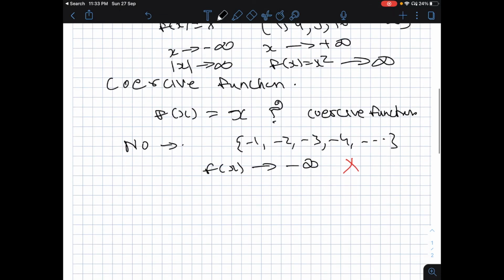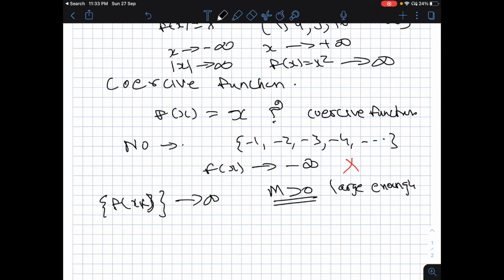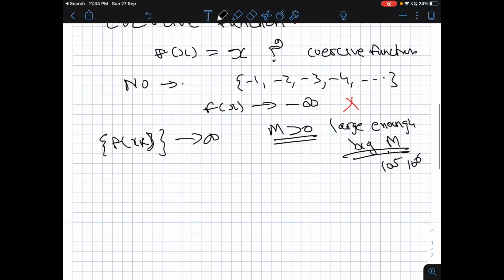To remind you, when we say that this sequence f of x_k goes to infinity, what we mean is that you choose any M greater than 0, large enough. Sometimes this is also pronounced as big M, because epsilons usually mean very small numbers. This is like 10 to the power 5, 10 to the power 6, whatever, very, very large.